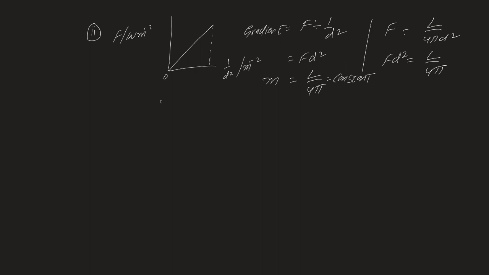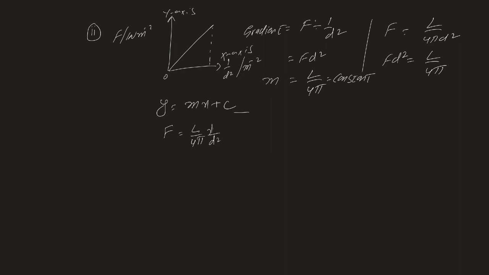Actually, this line is just like the slope-intercept form equation of a straight line. Along the y-axis we have radiant flux intensity, and along the x-axis, slope L over 4 pi into x, where x is 1 over d square.